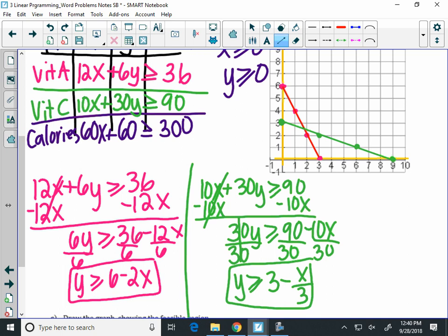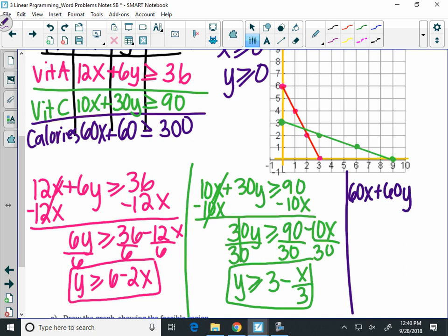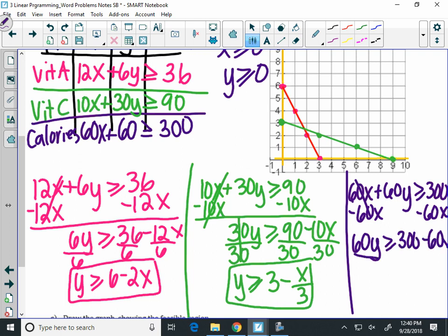All right. Now we'll do calories. All right, 60Y. Oh, goodness, so much writing. That's the worst part about these problems, I feel like you just do so much writing.